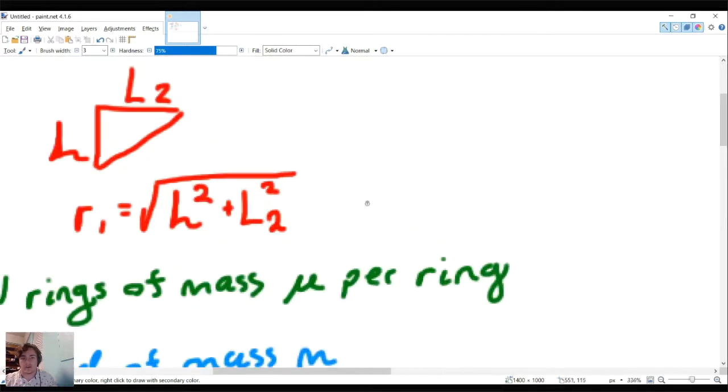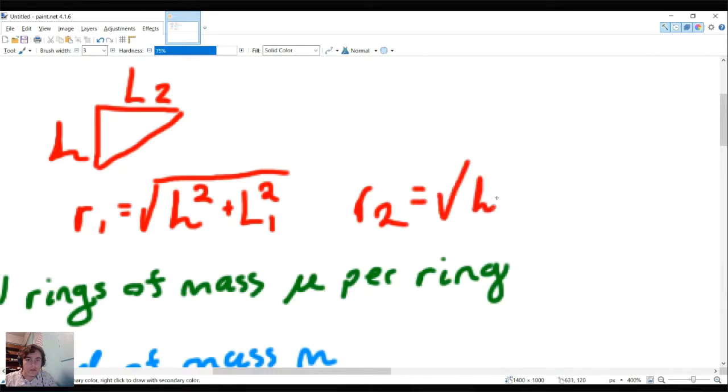And similarly, for the same reasons, we have R1 is equal to the square root of h squared plus L1 squared right there. And then we have R2 is equal to the square root of h squared plus L2 squared.